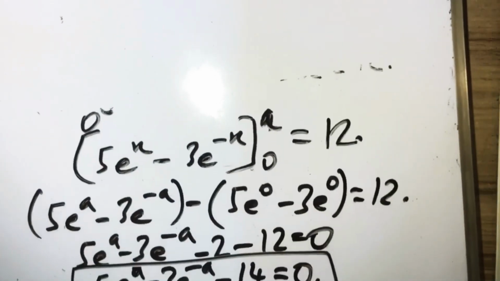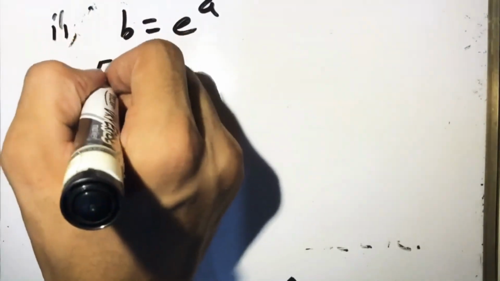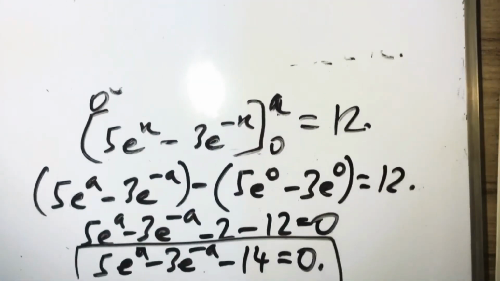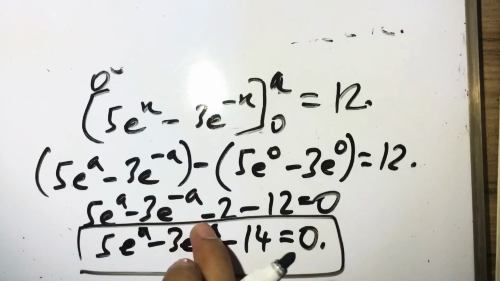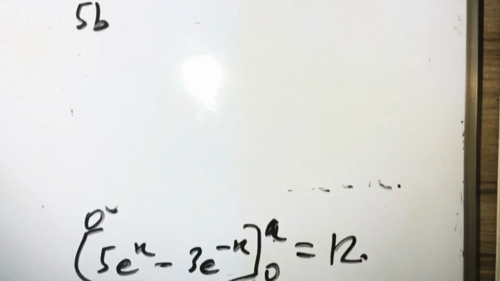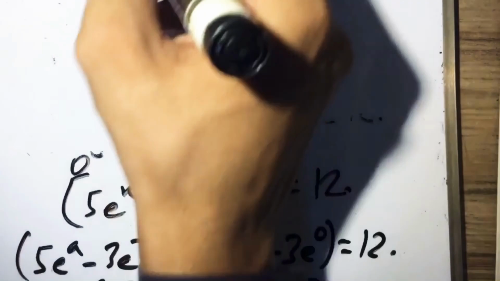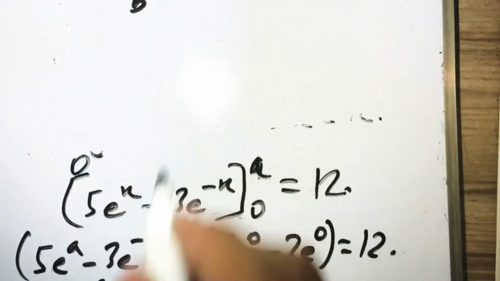So therefore 5e to the power a will become 5b, minus 3e to the power minus a. This can be written as 3 upon e to the power a. So this is 3 upon b, minus 14 equals to 0.